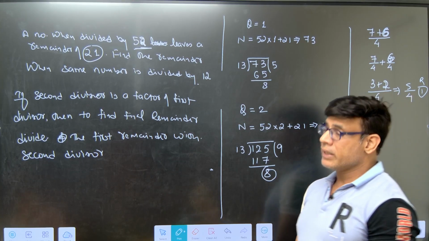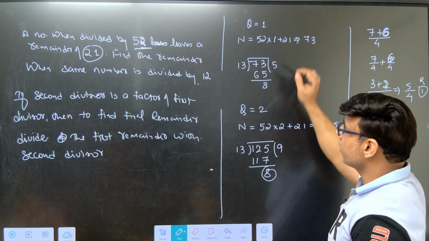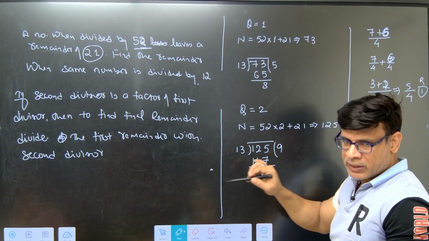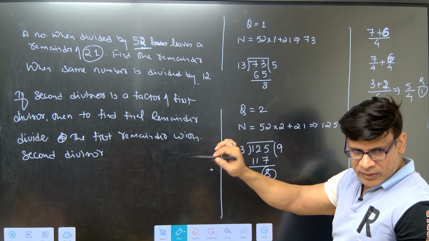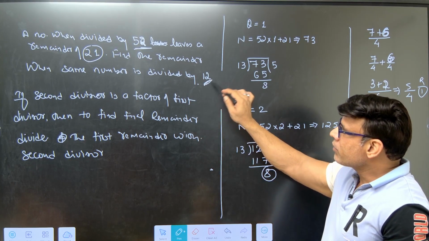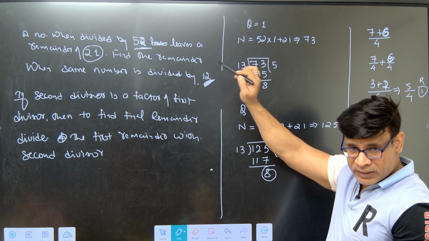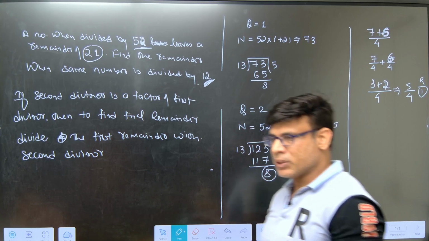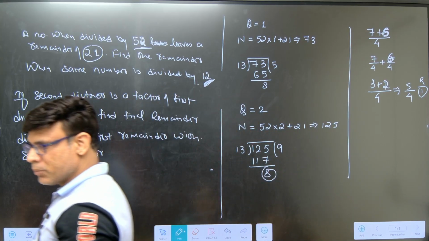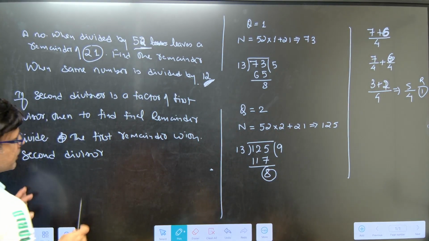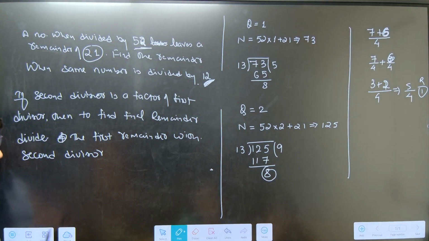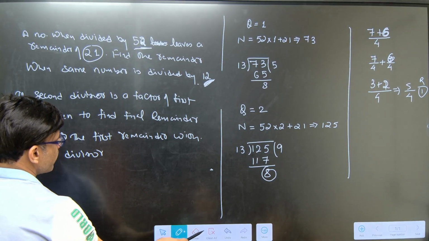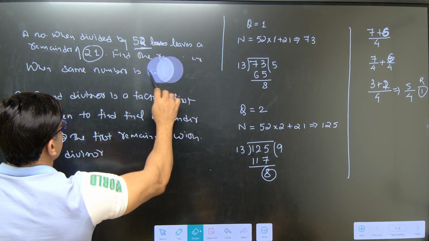If the second divisor is not a factor of the first divisor, then there will be multiple remainders possible. Here you had a fixed remainder, but now you will not get any single remainder, you will get multiple remainders. Just keep this in mind, don't forget this. It's an important thing.